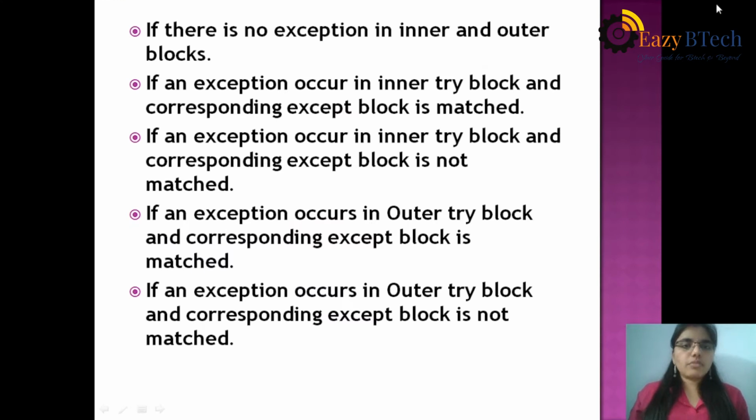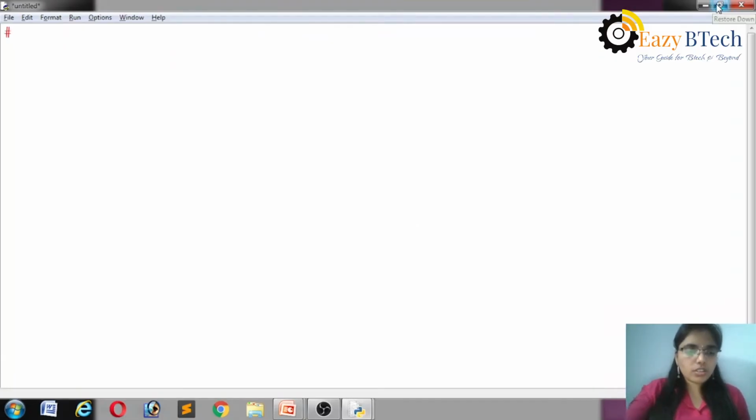What is that? If there is no error in the inner and outer blocks.